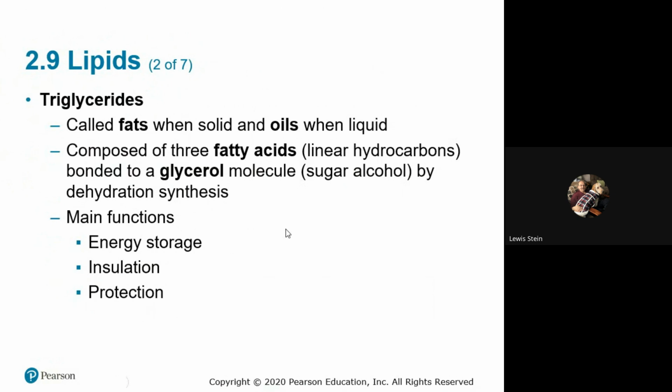So what you're going to see here is we have something called linear hydrocarbons, and that accounts for the shape and our ability, as I was talking about before the mini break, density, how closely packed. So you have linear hydrocarbons and you have glycerol. When we're talking about carbons, we have a 3-carbon sugar, which makes this an unusual sugar, what's called a sugar alcohol.